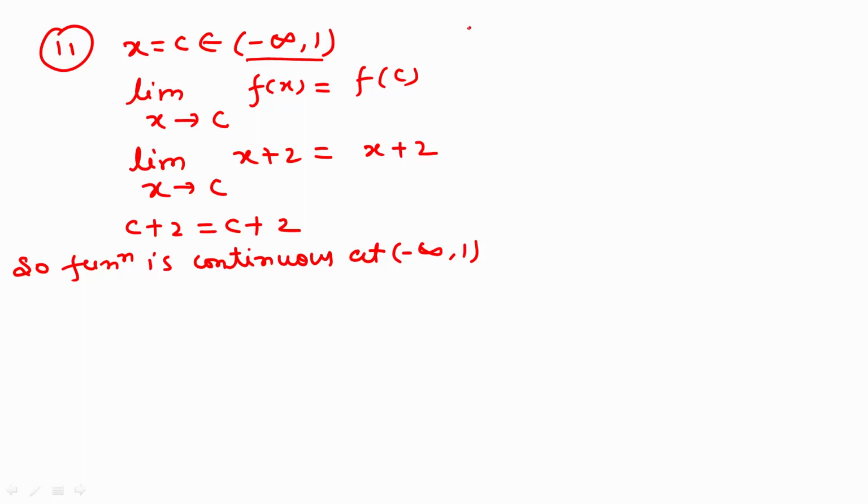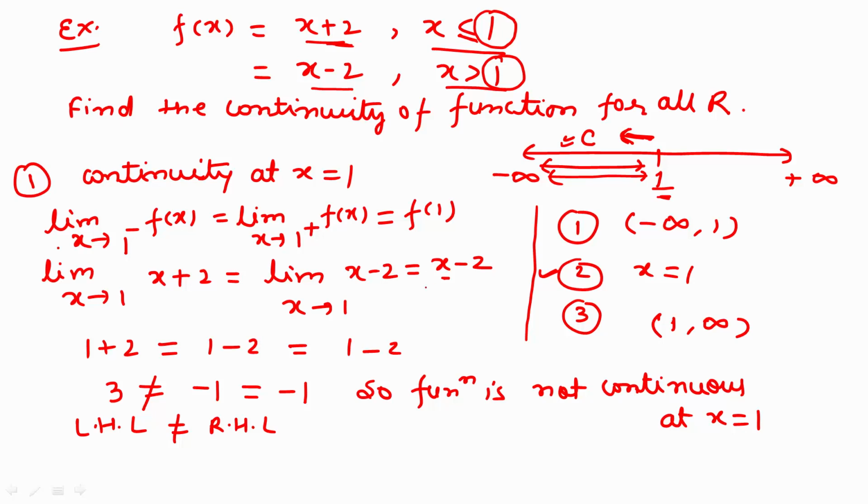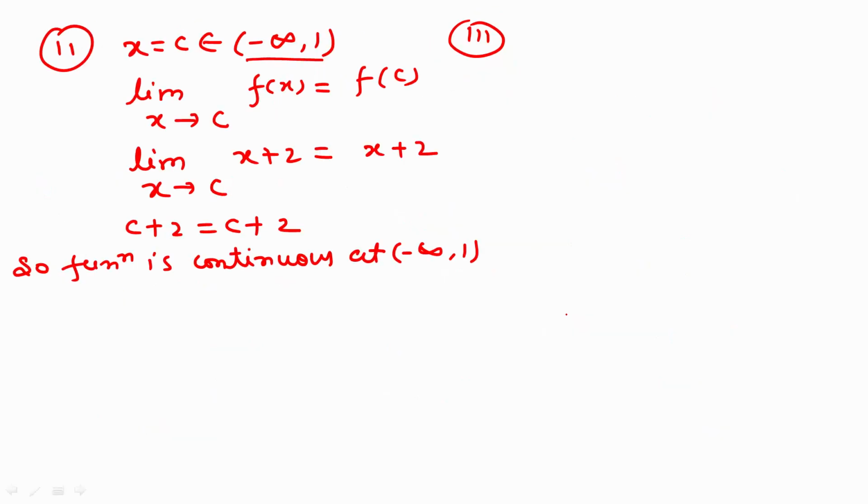Now check the third case. The third case is open interval 1 to infinity. So again same process, let x is equal to c belongs to open interval 1 to infinity.